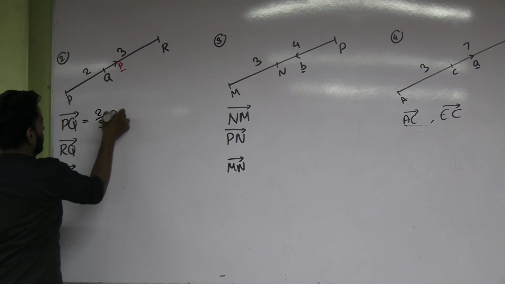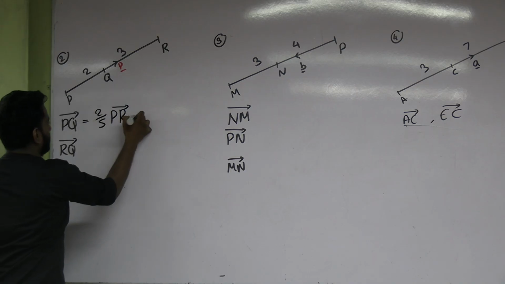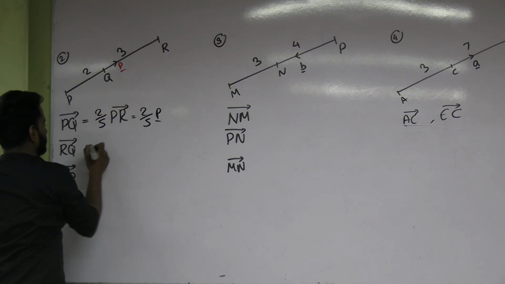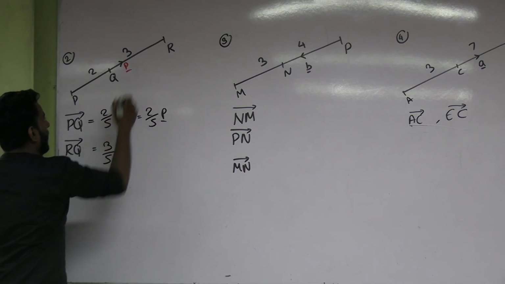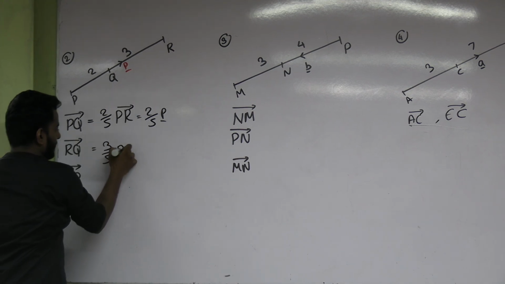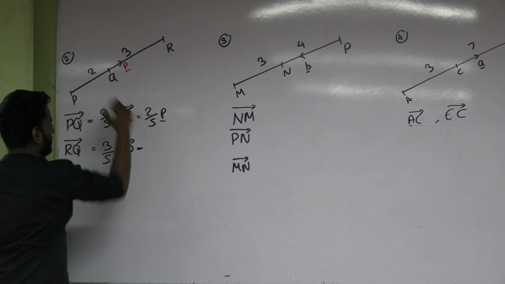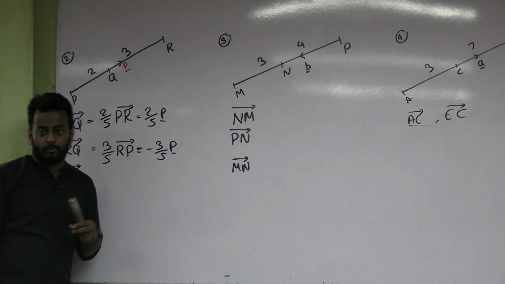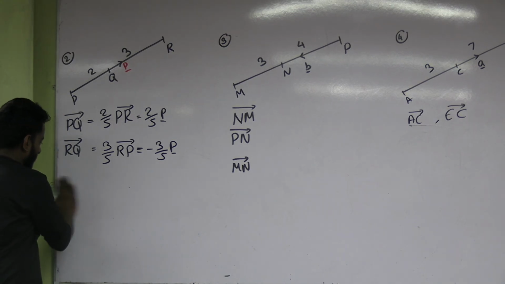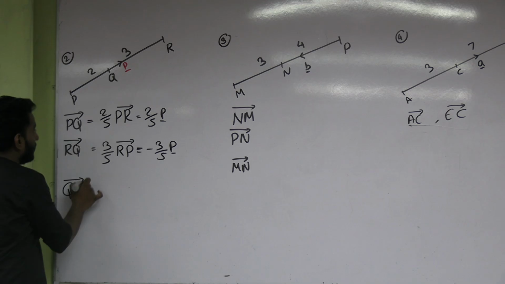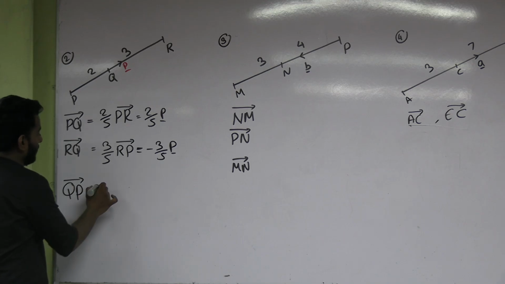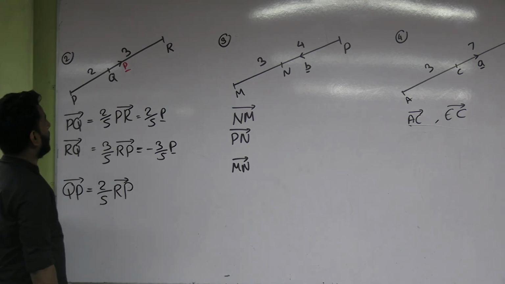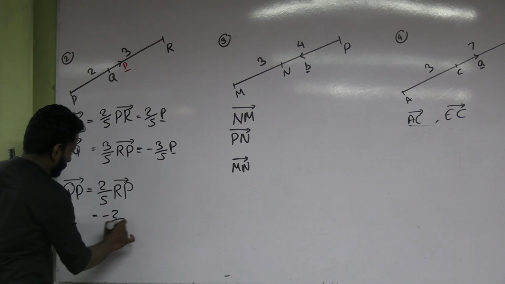So it's 2 over 5 PR, and PR is simple P, so it's 2 over 5 P. And RQ: the ratio of RQ is 3 over 5 and the complete vector of RQ is RP, which equals minus P. So the final answer is minus 3 over 5 P. And QP equals 2 over 5 RP, and the vector RP is minus P, which equals minus 2 over 5 P.